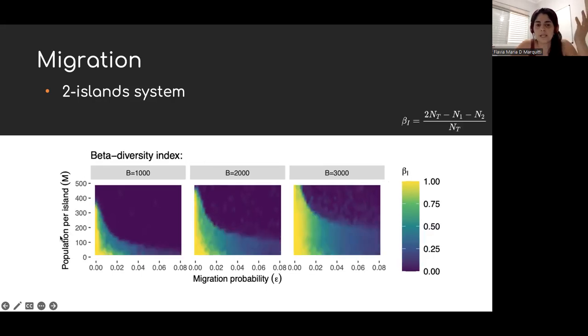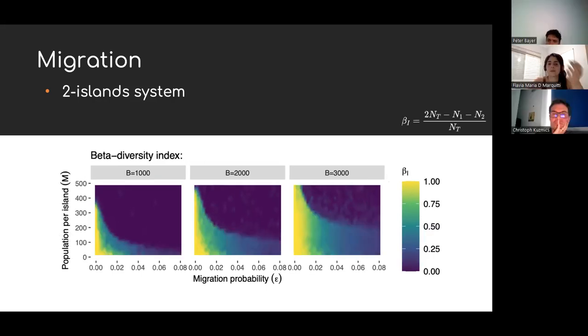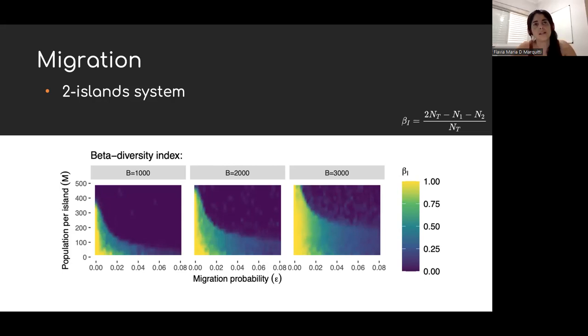So something we did was to understand the beta diversity index. The beta diversity index gives you information about whether the species inside each island are the same species that are in the total population, if we consider the whole set.